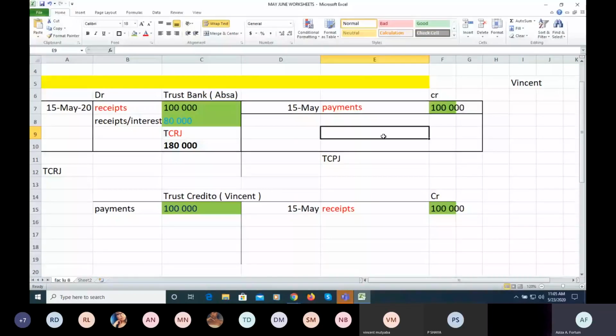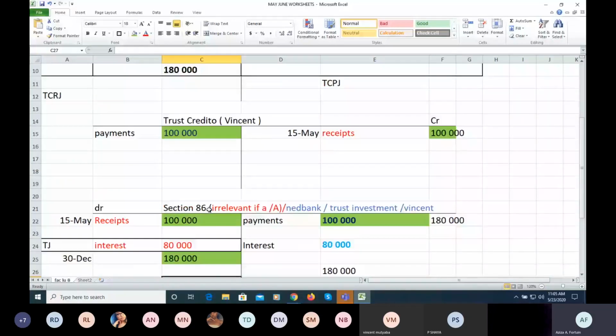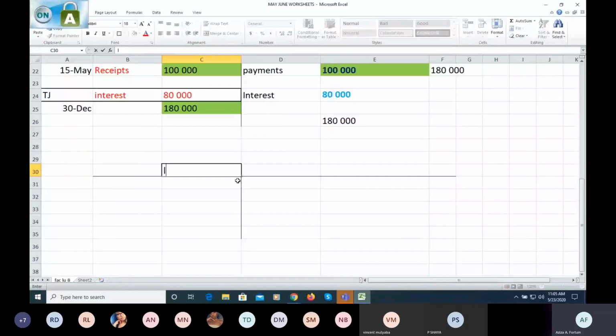And this amount here, the interest, goes to my transfer journal. Now, I said here the 86 is irrelevant if it's the 3 or the 4. If it's the 3, we would have another account here called the legal fidelity fund, and that 80,000 will then go into the legal fidelity fund.